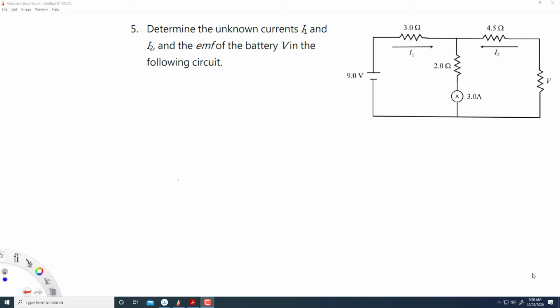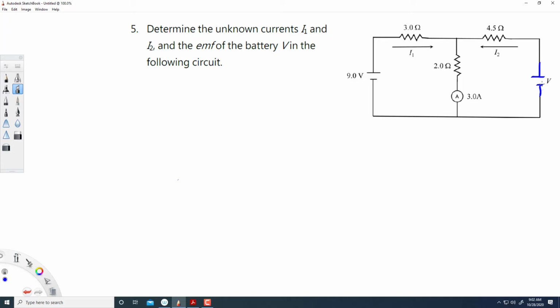In this problem you are asked to find currents I1 and I2 and the EMF of the battery. So let's see. This thing is the battery.